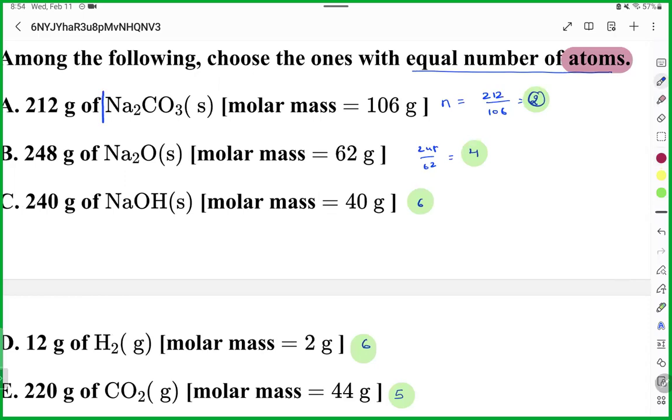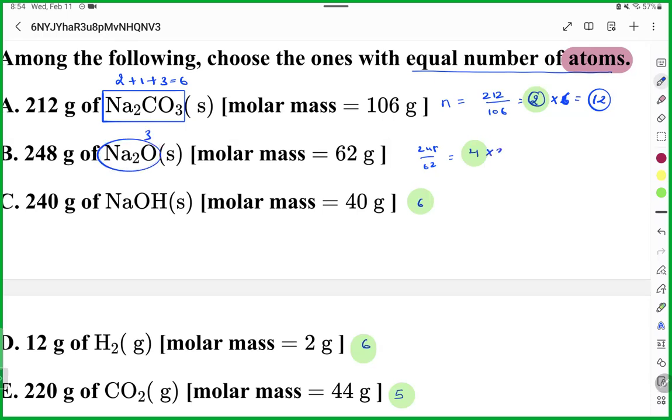Now we have to consider the total number of atoms in each compound. Here you have two Na, one carbon, and three oxygen. So total six atoms. So if you take moles of atoms, then you will multiply by 6. Total will be 12. Here, 2 sodium and 1 oxygen. Total 3.